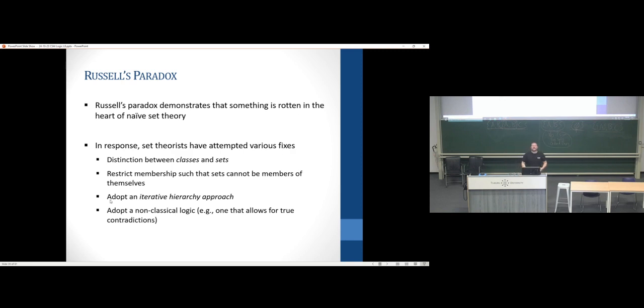So Russell's paradox indicates that something is rotten in the very heart of naive set theory. And this broke poor Frege's heart, right? I mean, he was also a terrible, terrible anti-Semite, so fuck Frege. But still, you know, he was a really good logician. So something's wrong with naive set theory.